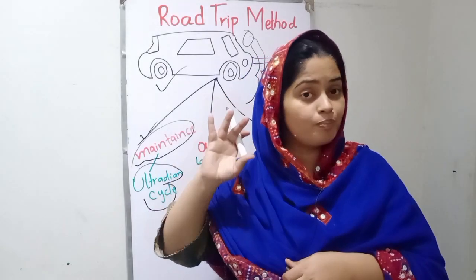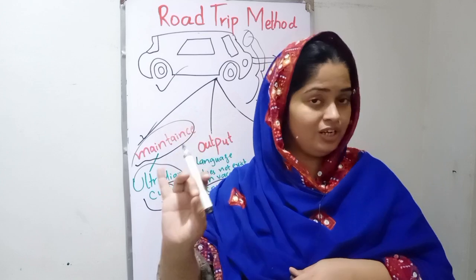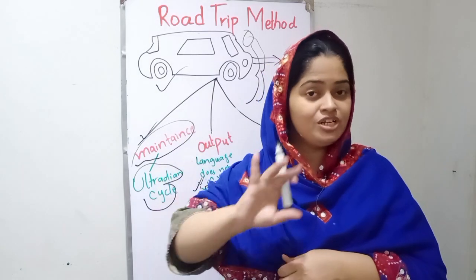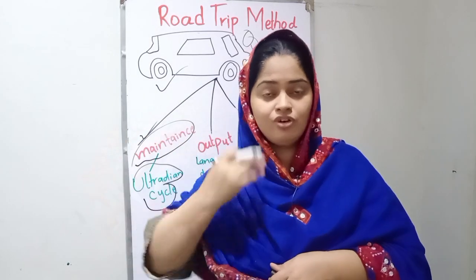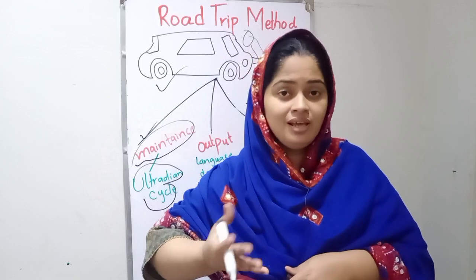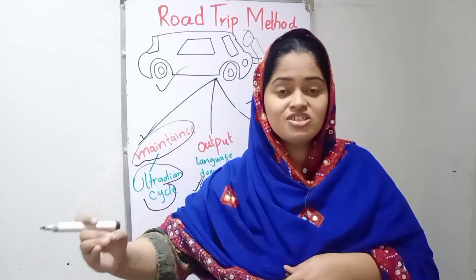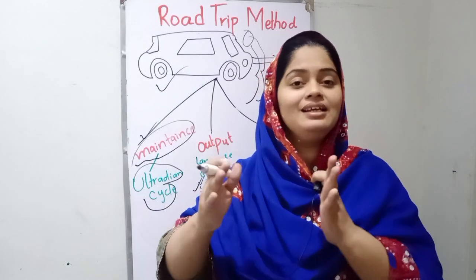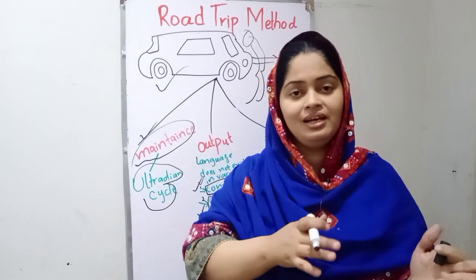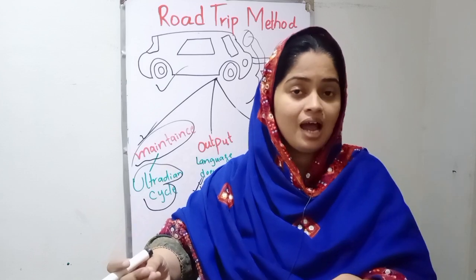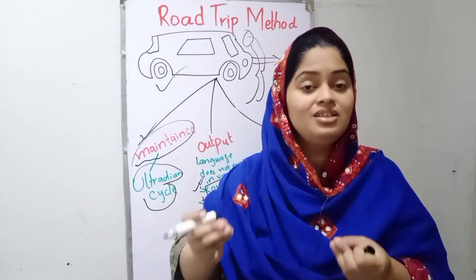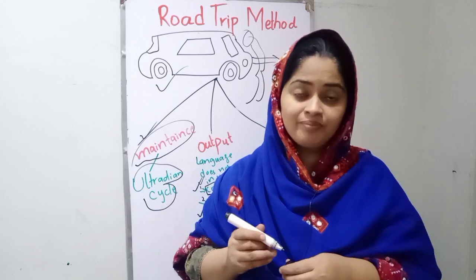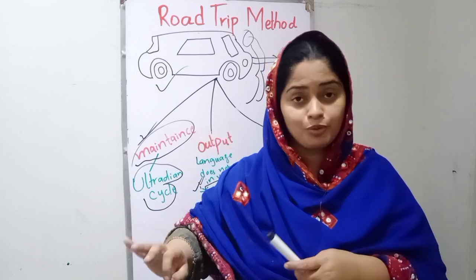It has proper fuel in the form of your input, it is properly functioning in the form of your output, and it is in a maintenance state when you get it checked time and again, giving it relaxation time so that its engine doesn't get hot. So this is the important point.